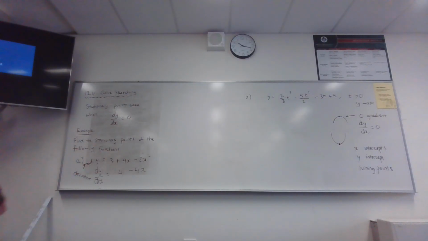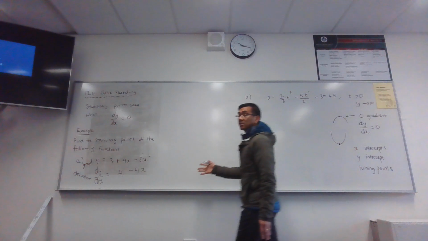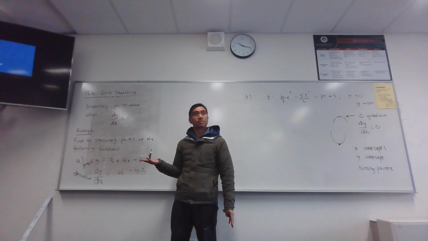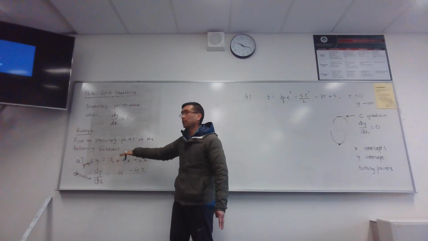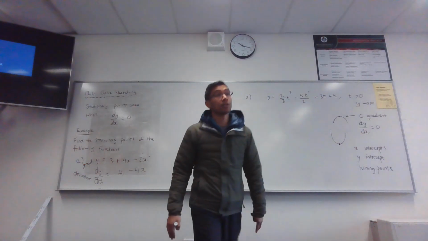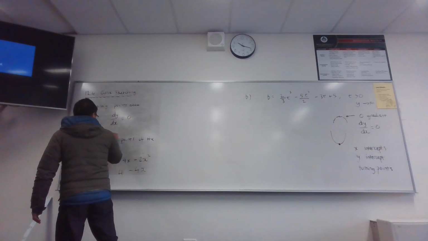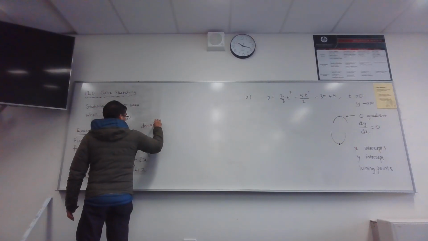Now, what are we going to do from here? What's the next step? We want to find what's the key word, Tim, in the question, sorry. Stationary. Whenever you see the word stationary, that actions to a derivative.